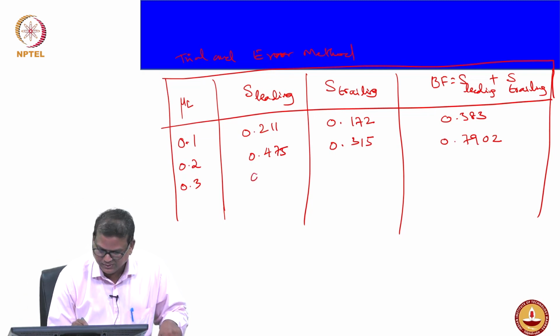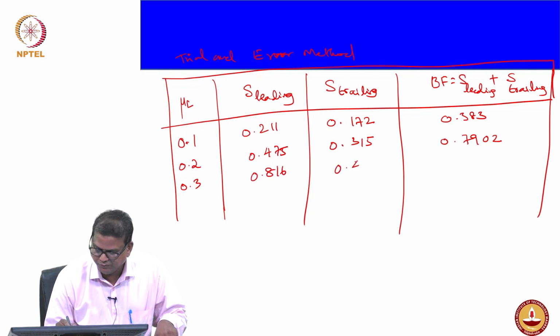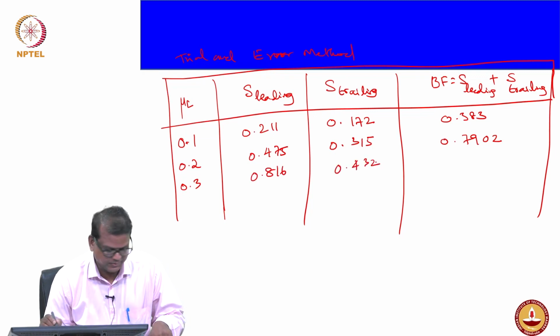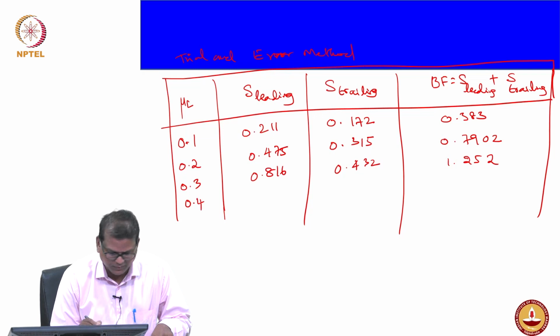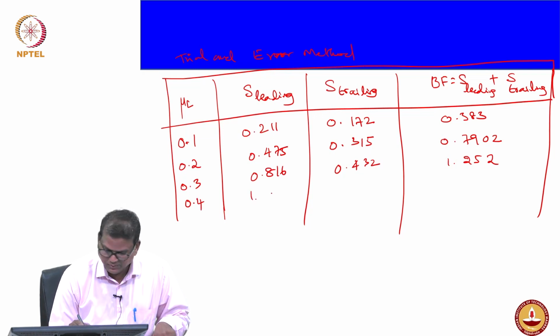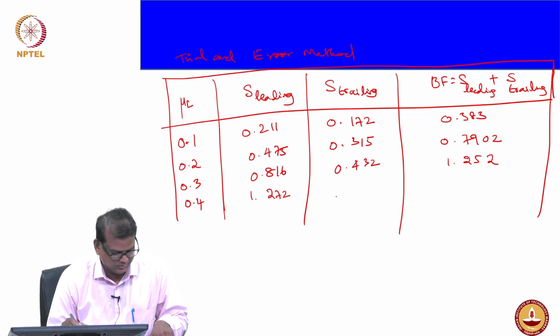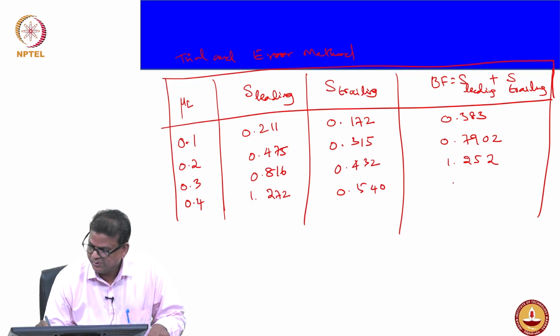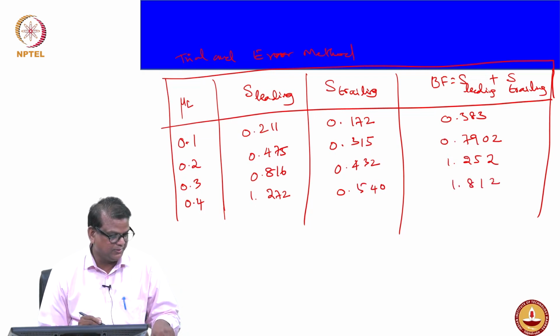So 0.816, 0.432, 1.252, then I will go for 0.4, 1.272, 0.540, 1.812, but ours is 1.842, still it is not correct.